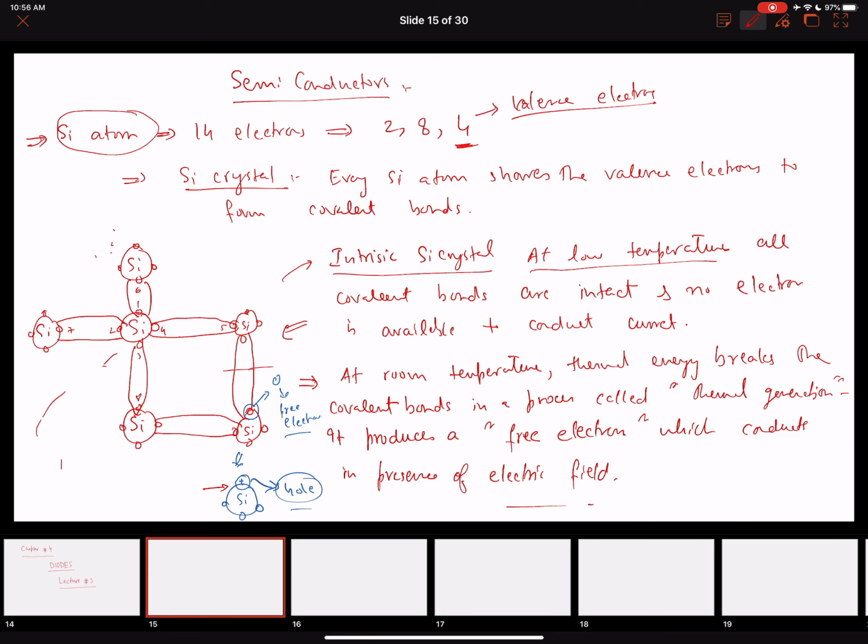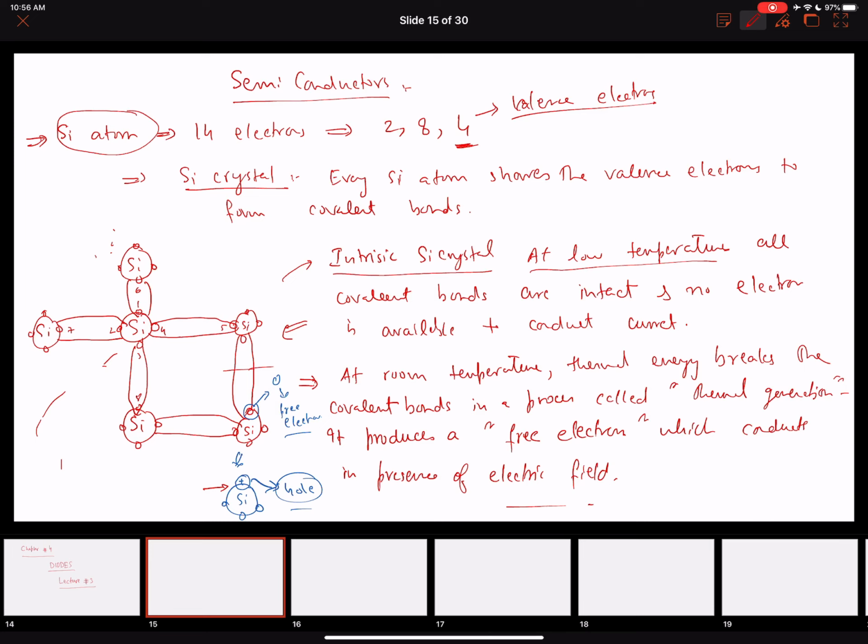It has 14 electrons, 4 in the valence. So in order to make this in a silicon crystal, every silicon atom is sharing these 4 valence electrons with the neighboring silicon atoms through covalent bonds. And all of these covalent bonds will remain intact at low temperatures.